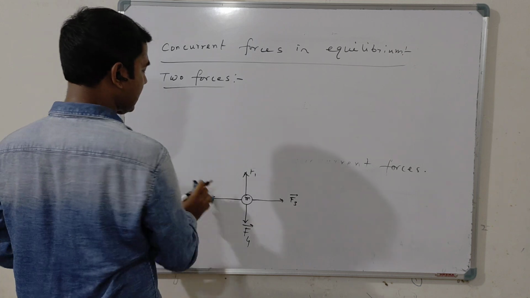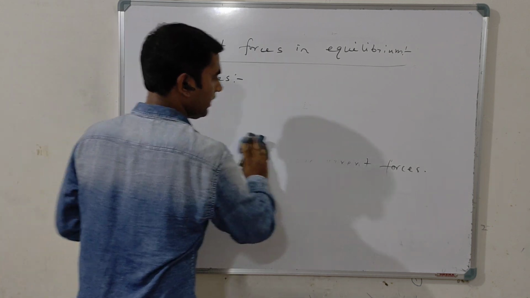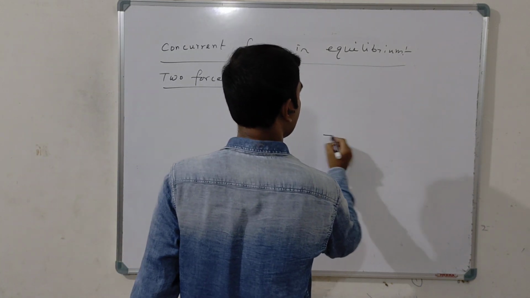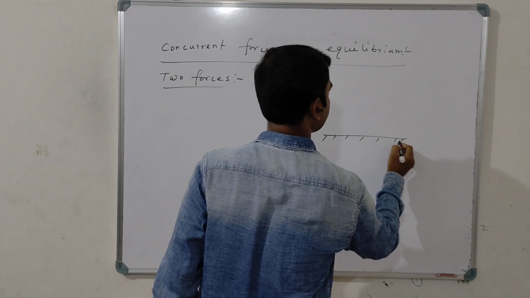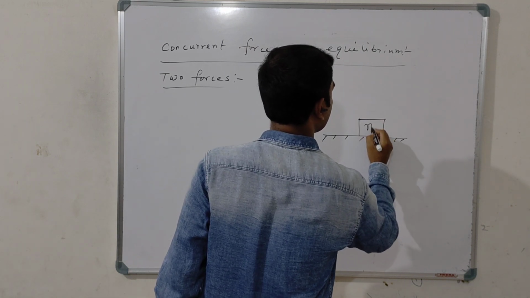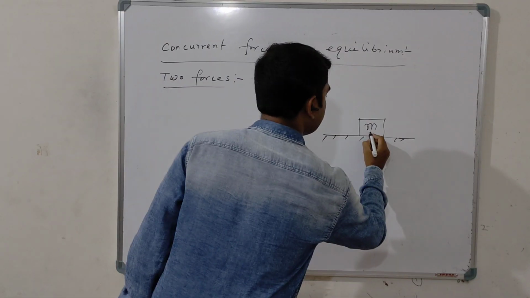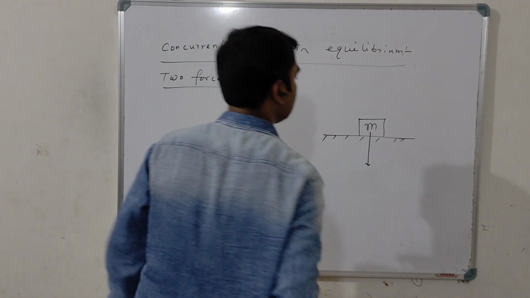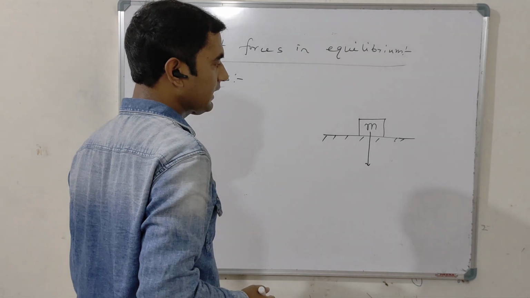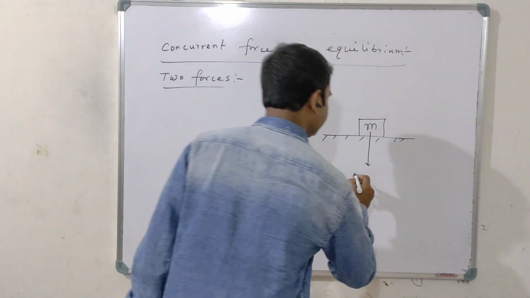A simple example is a block lying on the ground. If m is the mass of the body lying on the ground, then it will have simply two forces. One is due to its gravitational pull, that is mg.